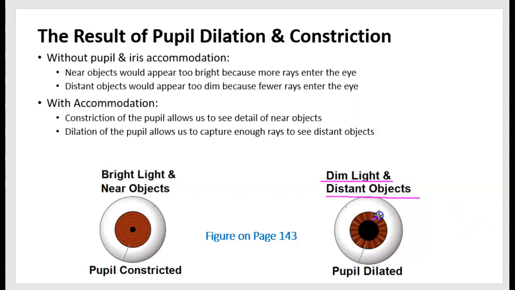This is achieved because the pupillary dilator layer, the radial layer of the iris, will contract and widen the pupil so that you can get as many light rays as possible into the eye. Now, this control of the iris is what we consider autonomic, meaning you cannot control it. It's controlled by your sympathetic nervous system and your parasympathetic nervous system, which we'll talk about in our next unit of lecture.